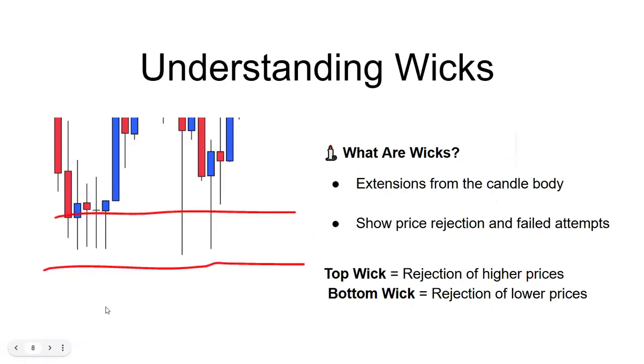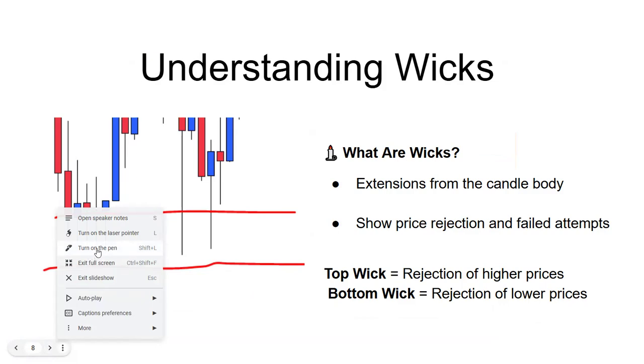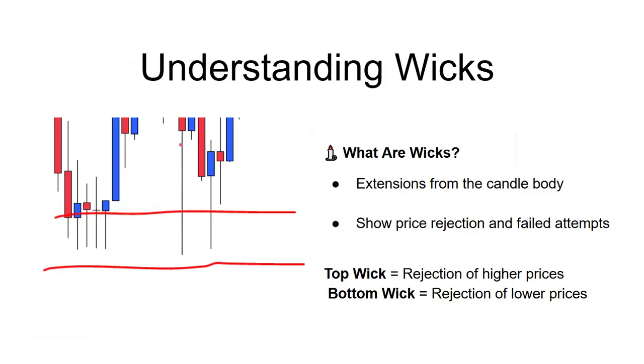So now, understanding wicks. What is a wick? It's an extension from the candle body. If you look closely, you'll find that this is a wick. It shows price rejection and a failed attempt. So price failing to close below this level is a rejection.